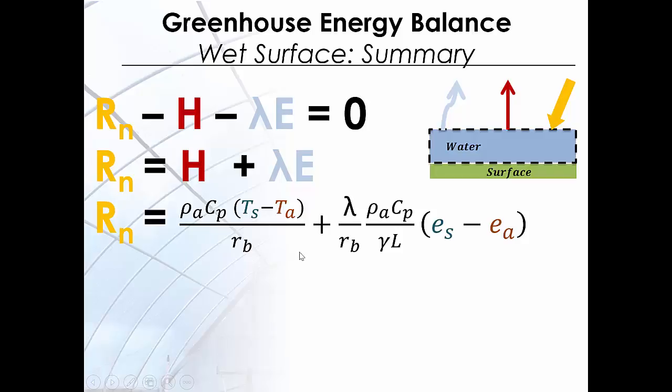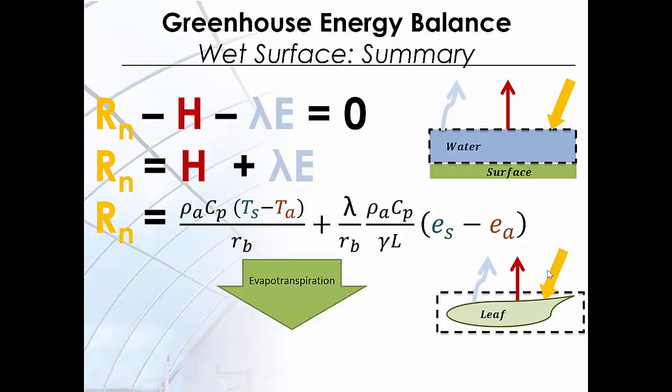Finally, introducing our terms for individual exchanges for the sensible heat component, as well as the latent heat component with this equation, we can have a further detailed equation for the energy balance of the wet surface. Now we can see in this equation that there are sensible heat and latent heat components involved, as well as net radiation on the surface.